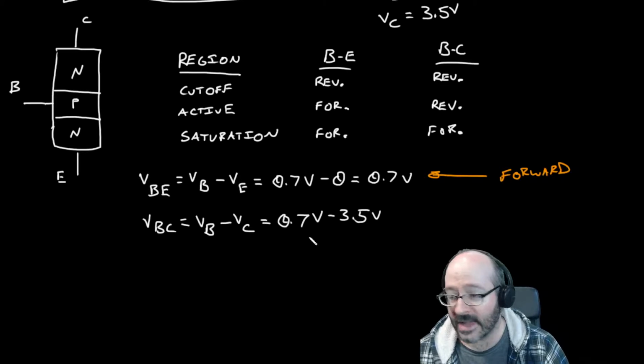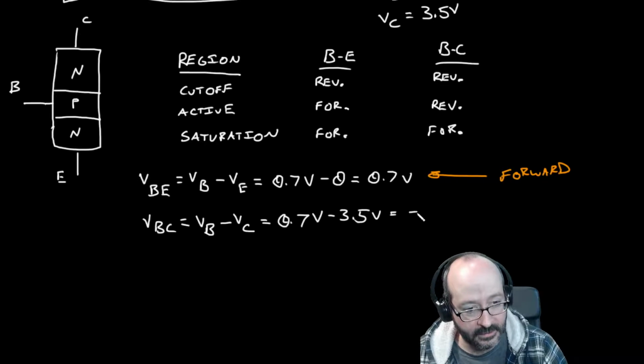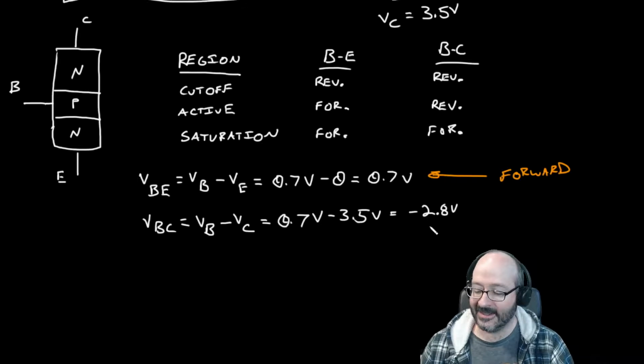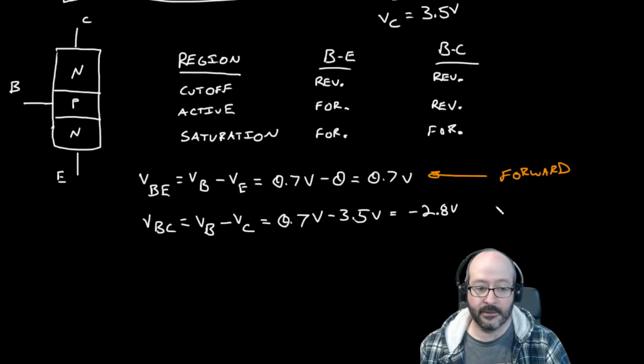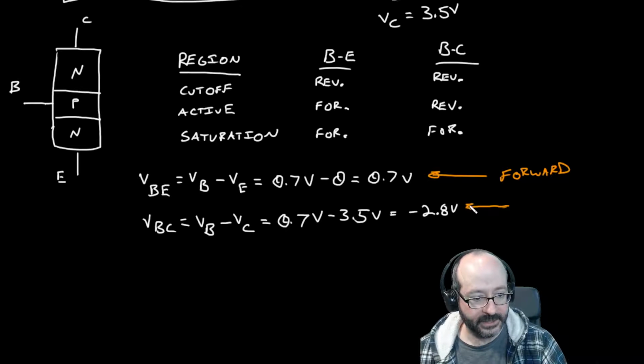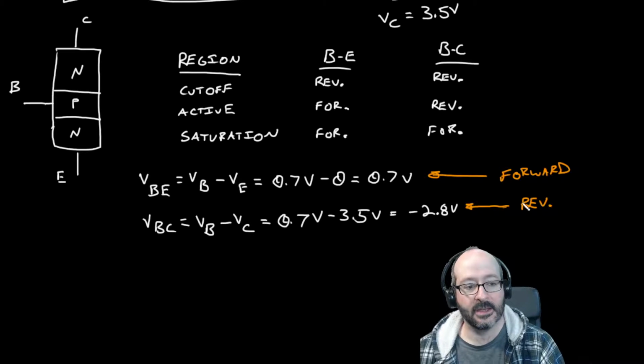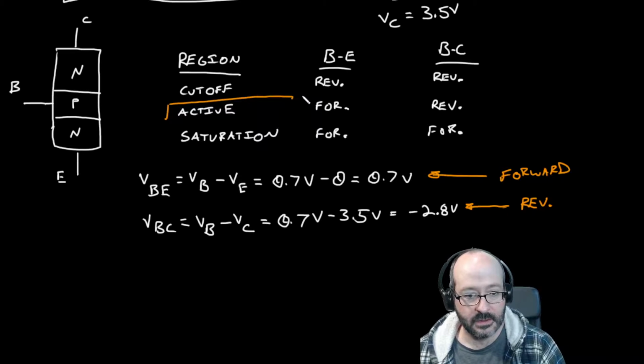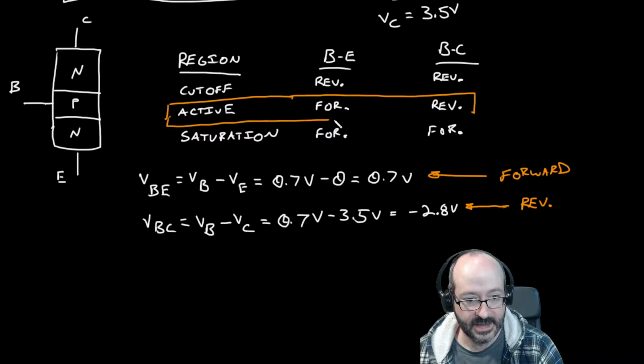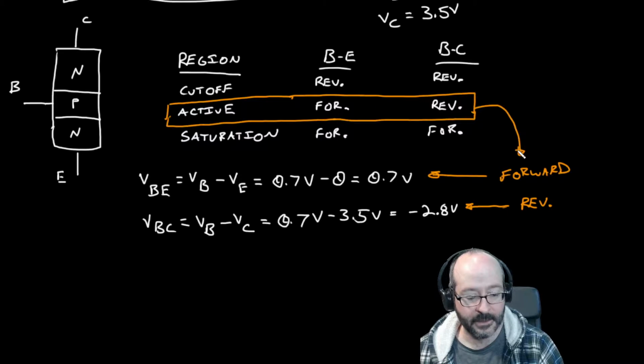So when we do that, we find that it's negative 2.8 volts. And since that's negative, we can say that one is reversed biased. So these two match what we would expect for the two PN junctions in the active region. We're checking against that table.